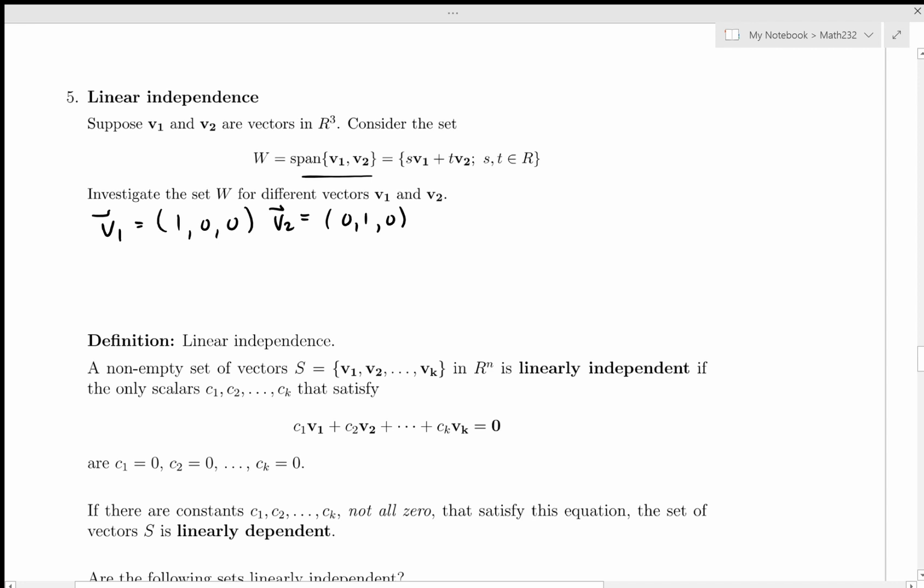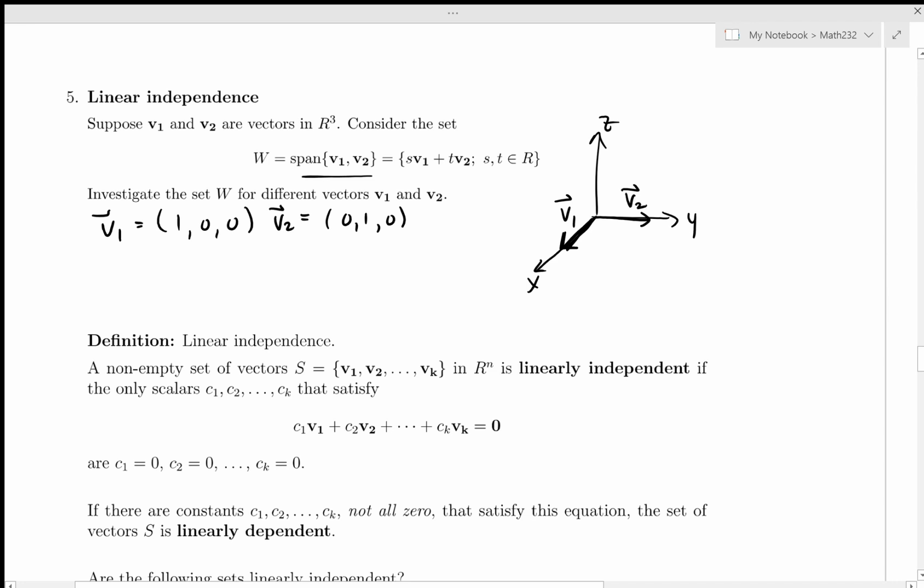What does that look like? So let me just draw you a picture of what that looks like. I will draw the axes in this manner here. So I have here the x-axis, the y-axis, and the z-axis. And my first vector V1 is sitting right here. This is V1. And then where is V2? That is right here.